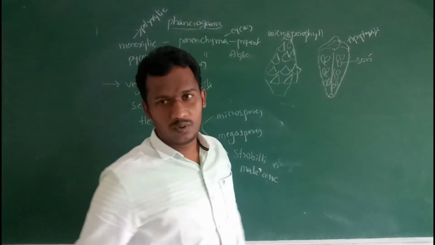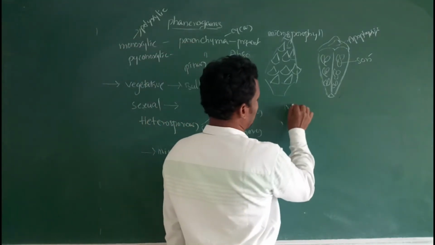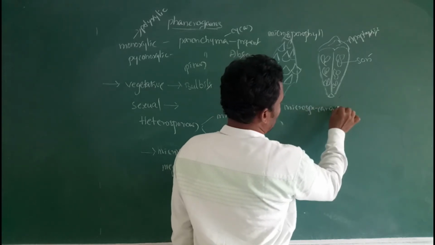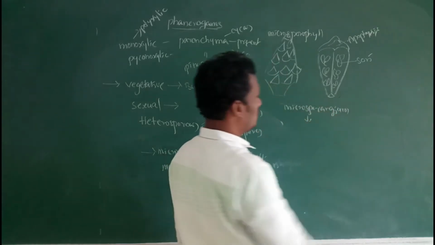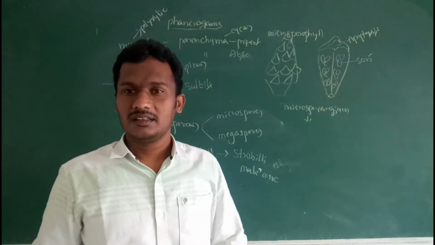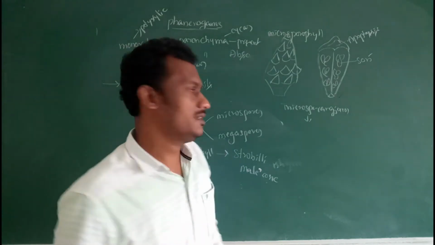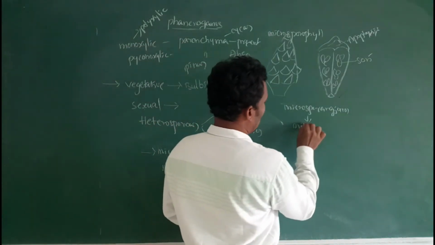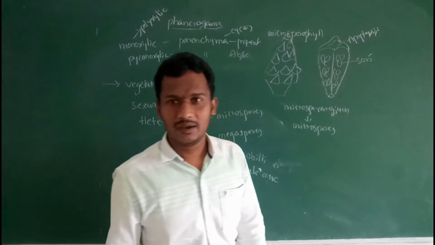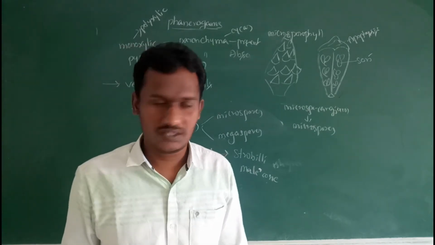Then in the microsporophyll, microsporangia are present. In the microsporangium, microspore mother cells are present. This microspore mother cell undergoes meiotic division to produce the microspores. Microspores are haploid.